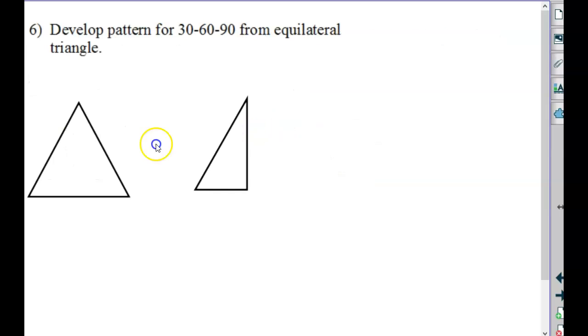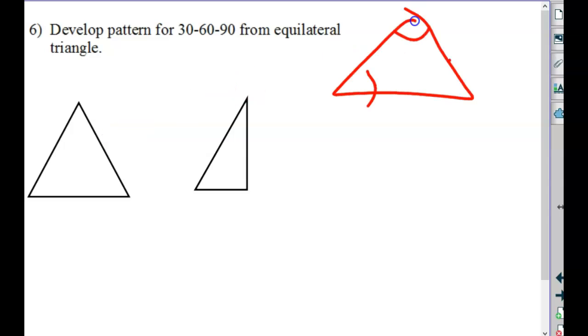The other pattern has to do with an equilateral triangle. When you have an equilateral triangle, all the angles are the same and all the sides are the same. So the angles are all 60 and the sides are all the same. That isn't very helpful when we're doing 90-degree triangles. So what we have to do is cut that in half, okay? So if this is a 60, 60, 60, all of these are the same length.